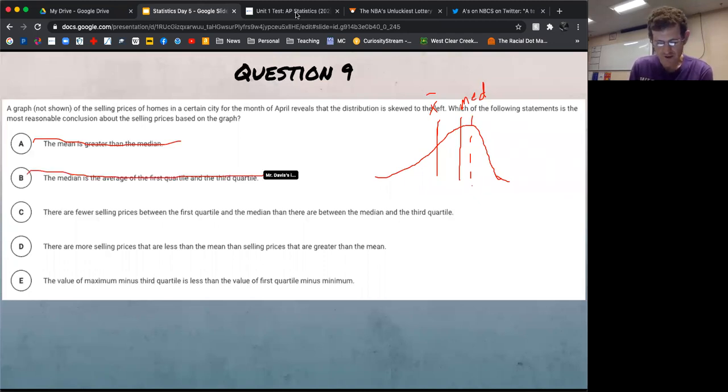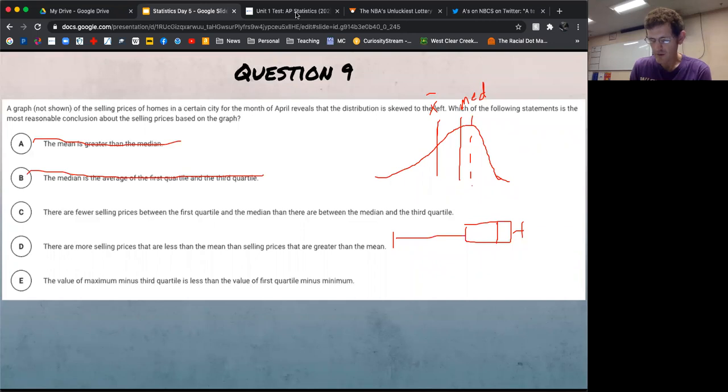There are fewer selling prices between the first quartile and the median than there are between the median and the third quartile. Here we need to think about vocabulary. I'm going to draw a box plot for this data now. It's going to be skewed left, so I'm going to have a box and then a smaller right tail, and my median is probably going to be somewhere over there.